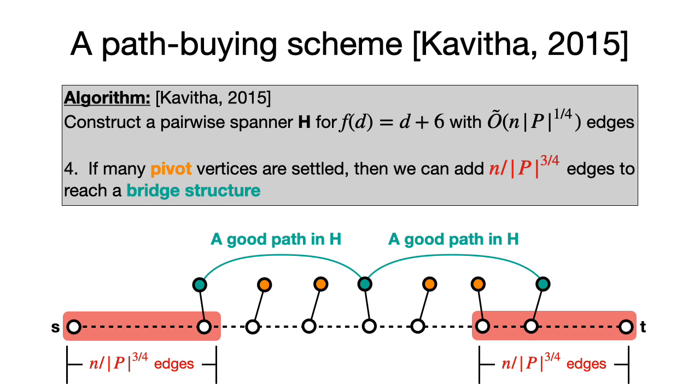More importantly, this bridge structure is only n over p to the 3/4 edges away from both sides, s and t. Then, if we add a prefix and suffix of the shortest path of at most n over p to the 3/4 edges to the spanner, we can find a cheap path from s to t.